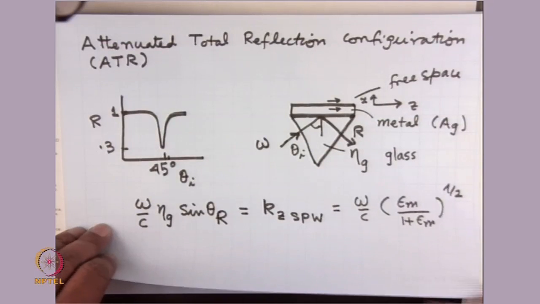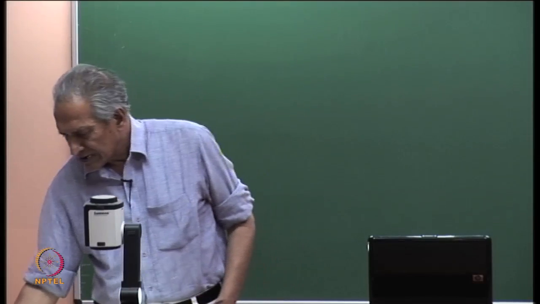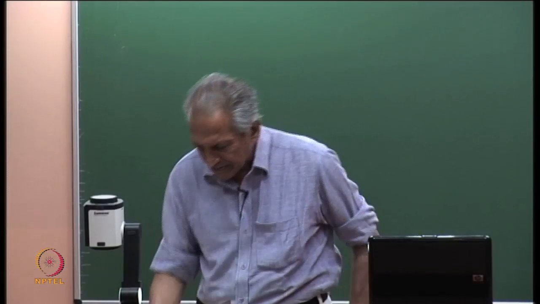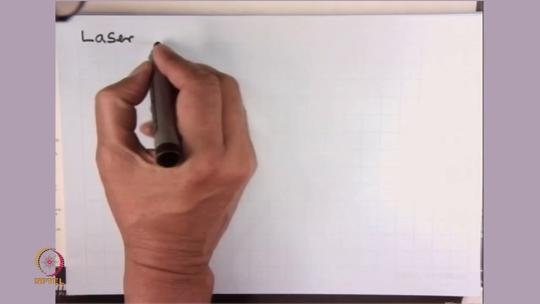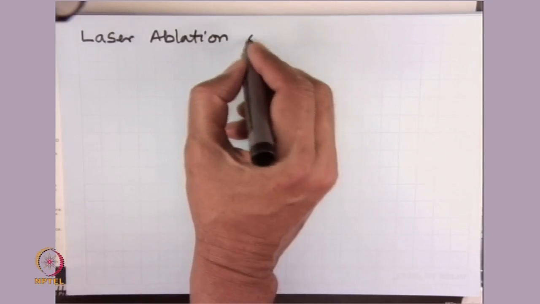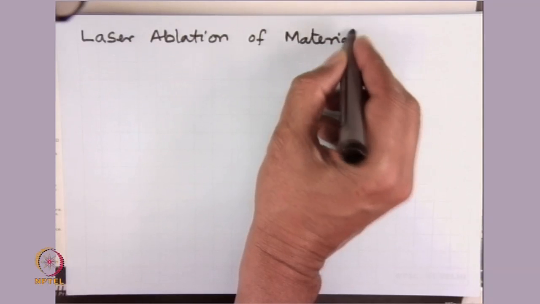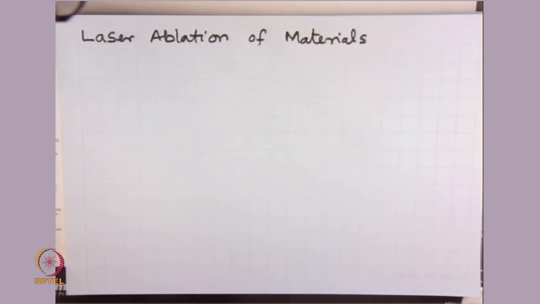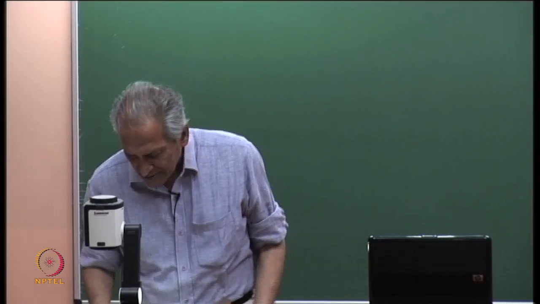Let me also tell you one more application of this, which is in laser ablation of materials. Before I tell you something about the role of surface plasma wave in ablation of materials, let me tell you something about direct ablation of material by a laser.